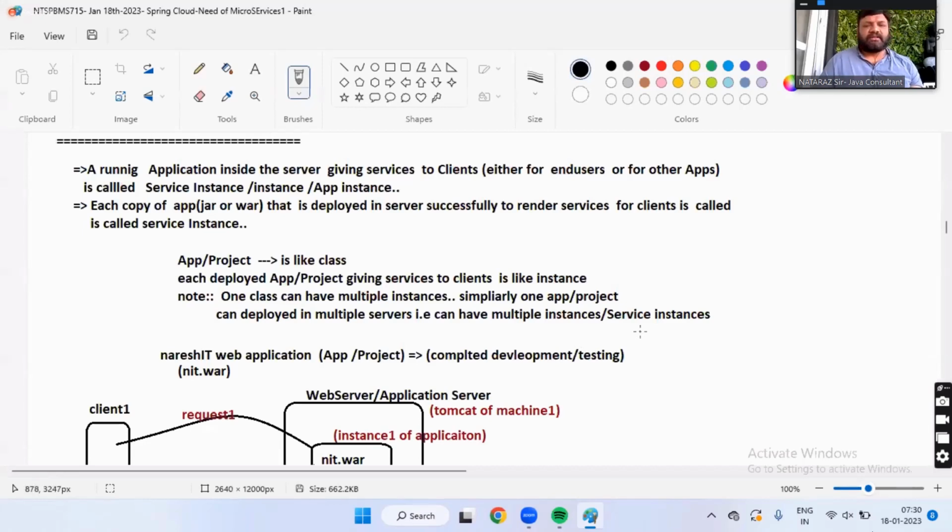A service instance or application instance, not just a normal instance. Clear? Got the clarity?